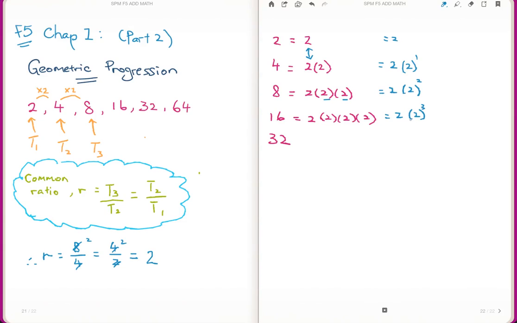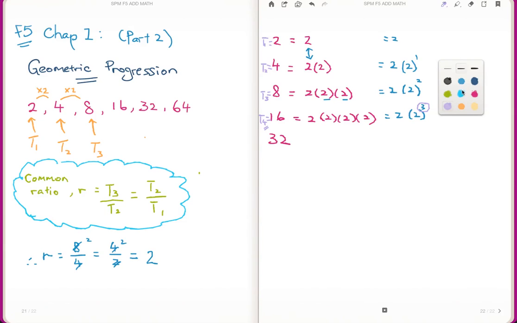Now, let me add another digit here, a term number. Say this is my term 1, first term. This is my T2, second term. This is my T3, third term. This is my T4, fourth term. It's always the case that the power is 1 less than the term number.